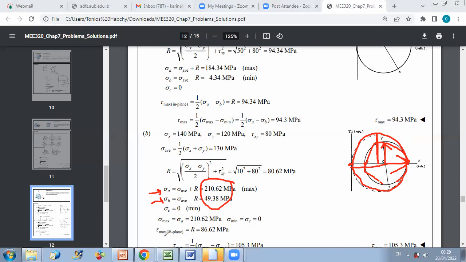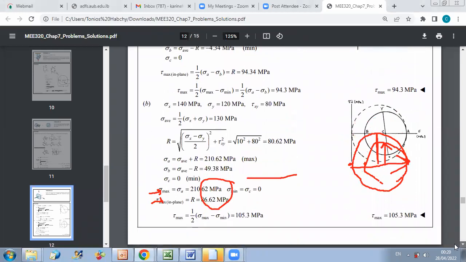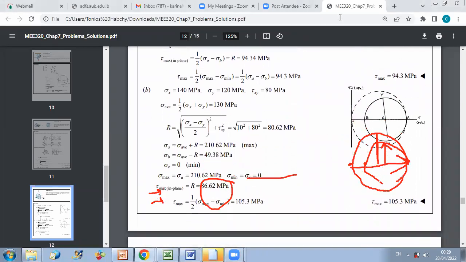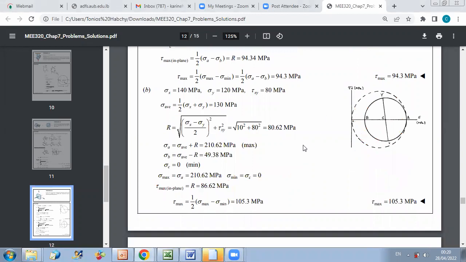So tau max in plane is equal to the radius of my circle, which is 80.62 megapascal. But the absolute maximum is out of plane, and the maximum shear stress, which is out of plane, is given by half of sigma A. And we calculated sigma A to be 210.6. Then tau max is 105.3 megapascal.